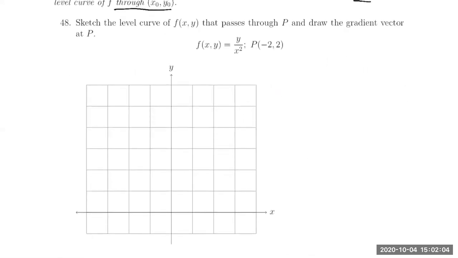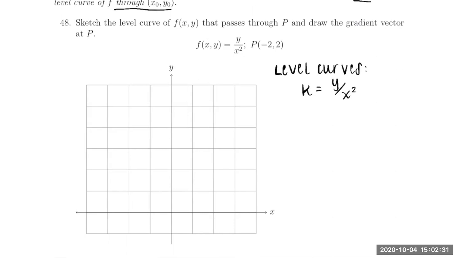So let's look at a particular example here. Sketch the level curve of f of xy that passes through the point and draw the gradient vector at P. All right, so what we need to do first of all is just recall what a level curve is. Level curves occur when you replace z, or in this case f of xy, with some constant k.